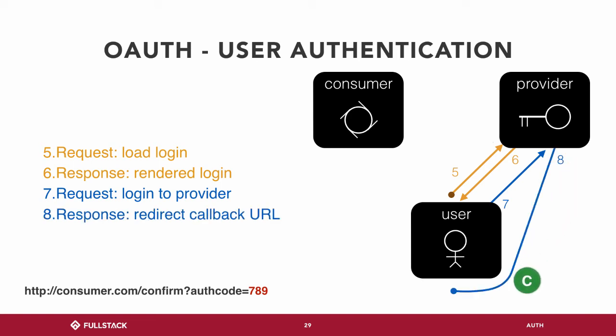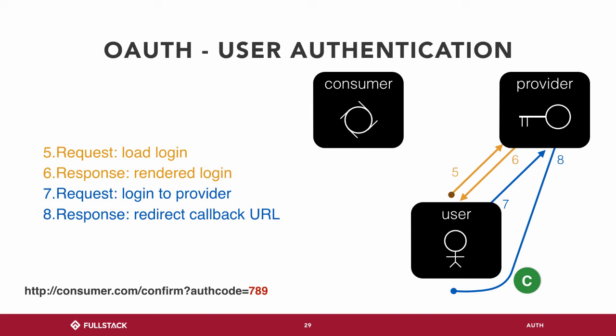The same way that we ended up redirecting to the provider, it's going to send a response back, and it's going to tell them to redirect to us. So don't forget, in the earlier slide, we said, here, look, this is the URL that we should end up redirecting to, and we've got this code that's here.